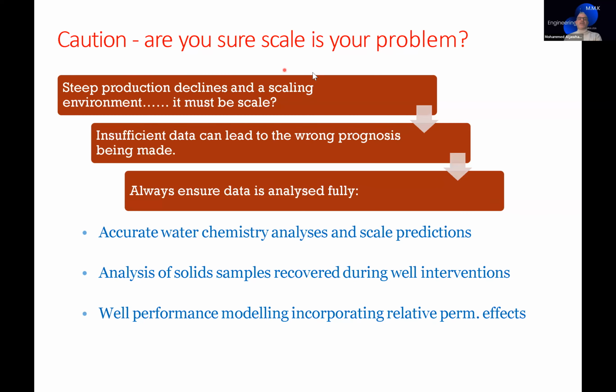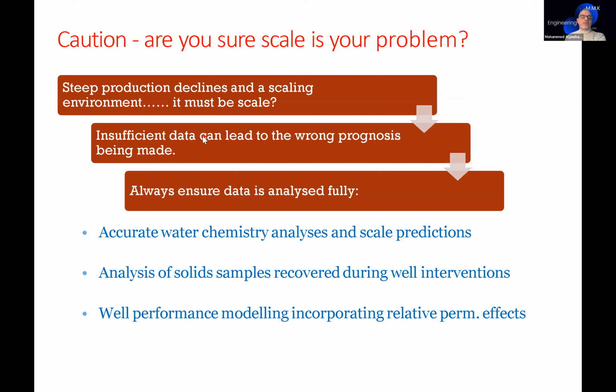So if you are looking at scale, steel production declines in a scaling environment, it must be scale and insufficient data. The data is a very important part here, because otherwise you cannot identify if it's scale or not. What is the problem?